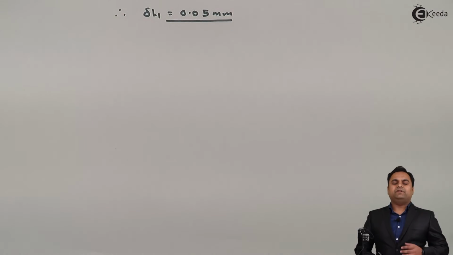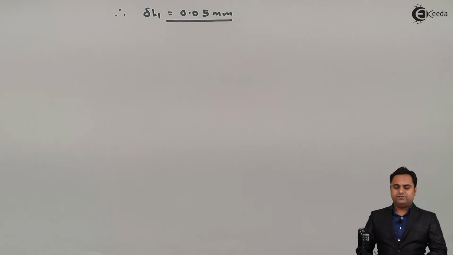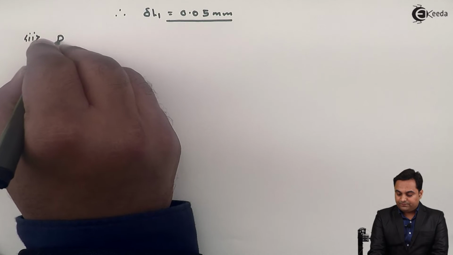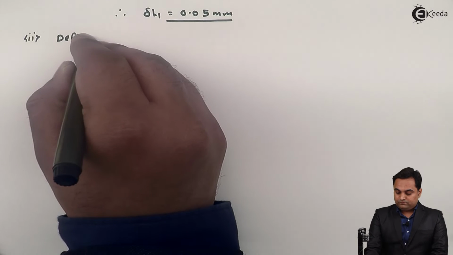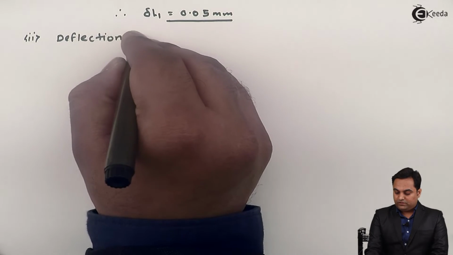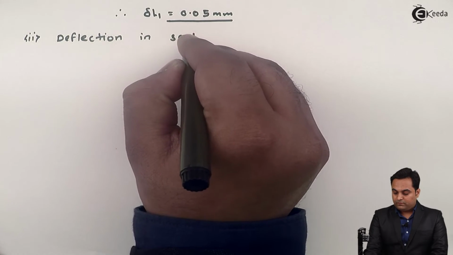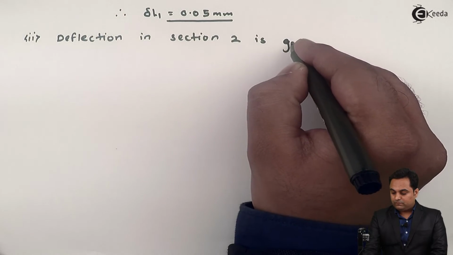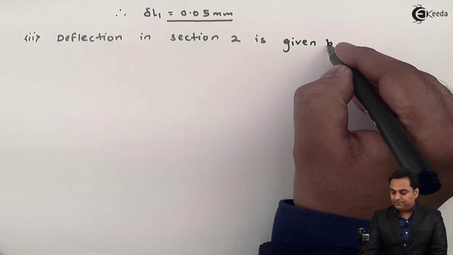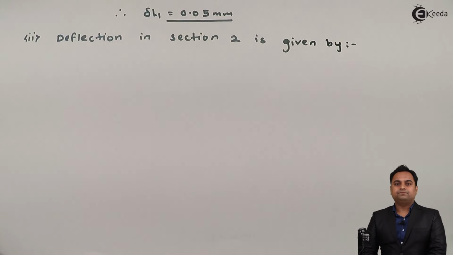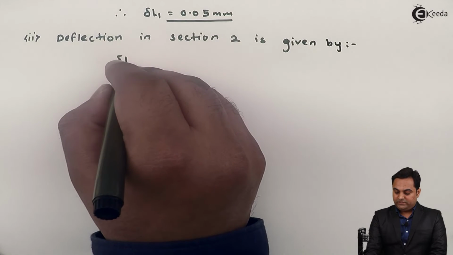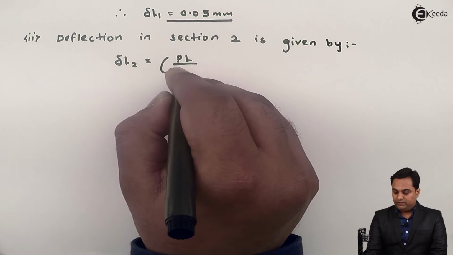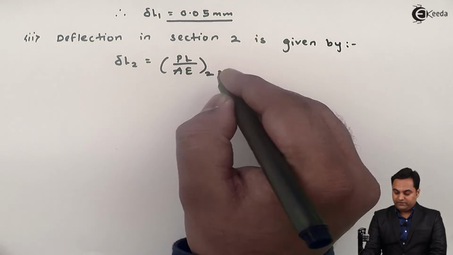Similarly, we are going to calculate the deflections in the second and third sections. So here I'll write down deflection in section second is given by delta L2 is equal to PL upon AE for the second section.